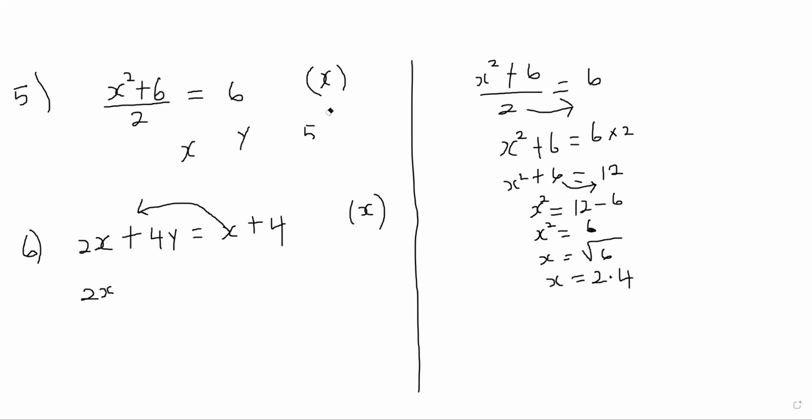We take over that x, it becomes a negative x, so we subtract. Then we just put back everything else. When we take over the x, we are left with 4 on this side.